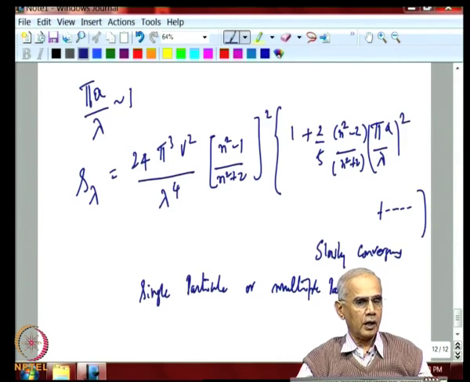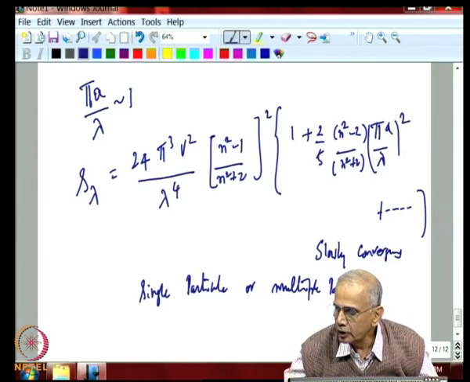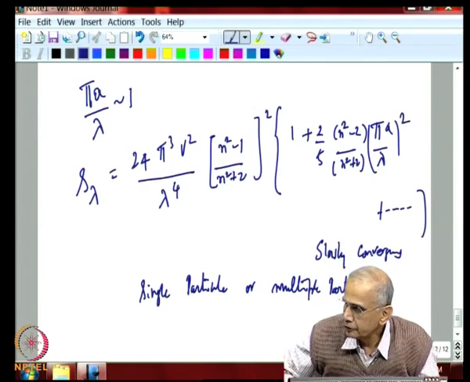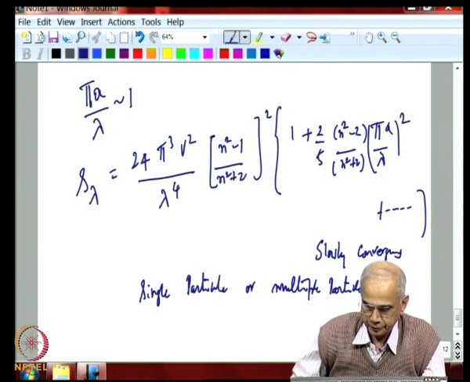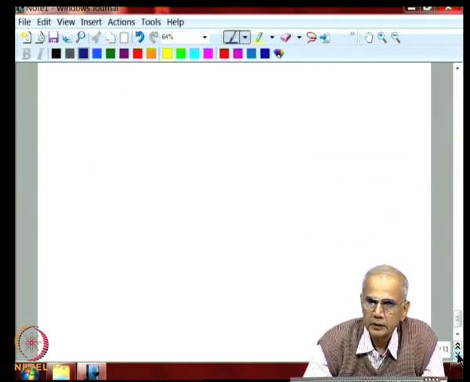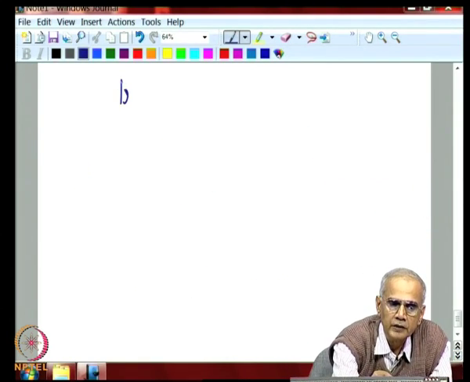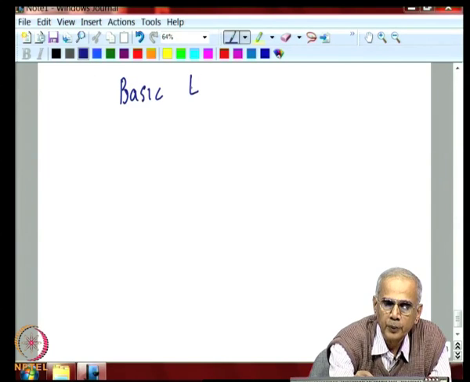Now, let us look at how the basic equation of transfer is fundamentally altered by the presence of scattering. So, we started with our basic equation of transfer for radiation.